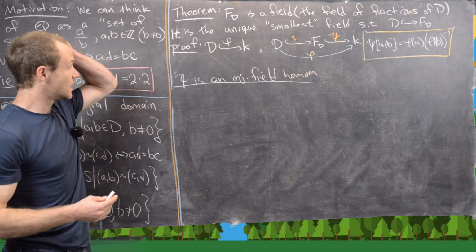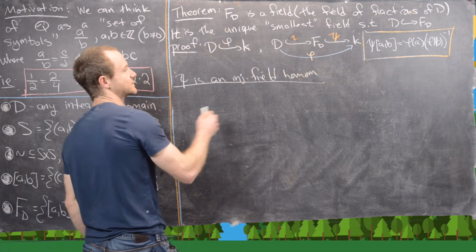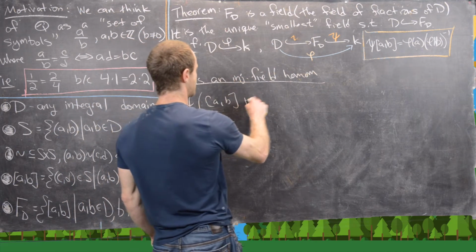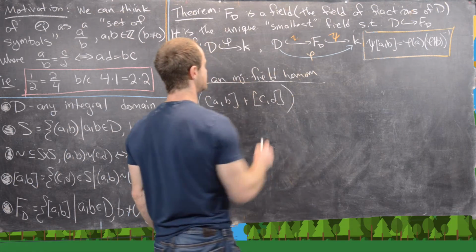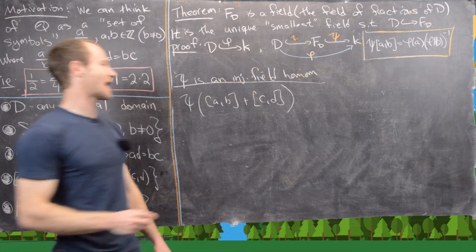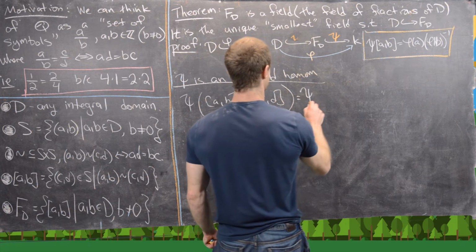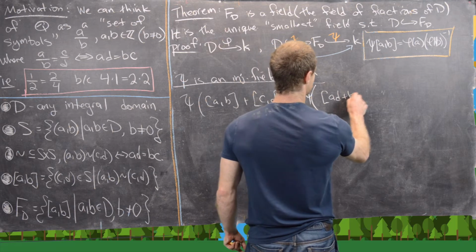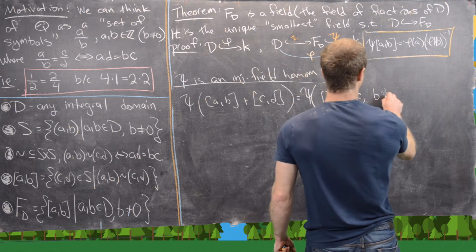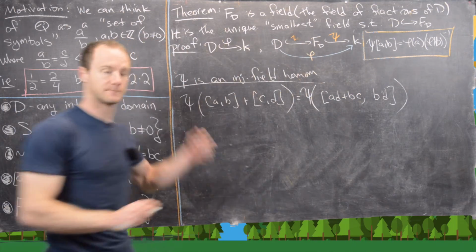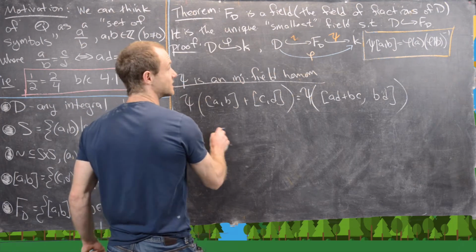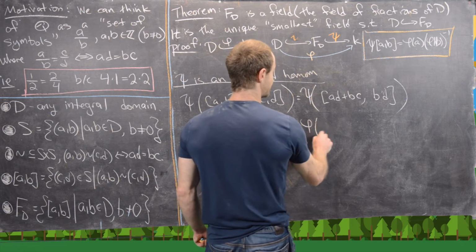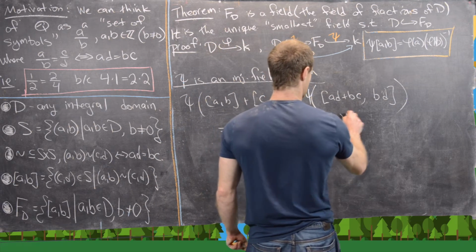Okay, so let's go ahead and see how to do this. Let's do the addition. We'll have psi of bracket A, B plus bracket C, D. We know how the addition happens within that field of fractions, so that's going to be psi of AD plus BC, comma, BD. Notice that is going to be equal to phi of AD plus BC times phi of BD inverse.